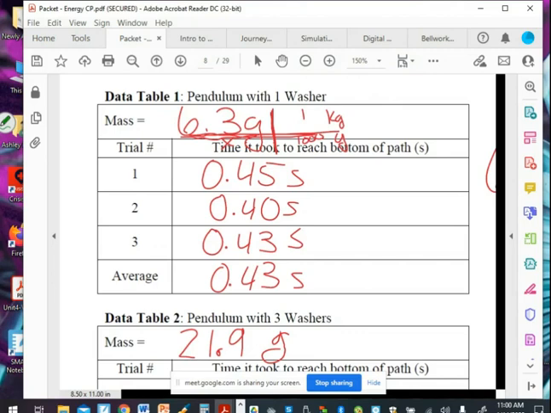Okay. So basically, we're going to take this number here, I have 6.3, and we're going to be dividing it by 1,000. Okay. So take your mass for data table 1, and you're going to divide it by 1,000. Another way that you can look at this is that you're going to be moving your decimal point back 3 spots.